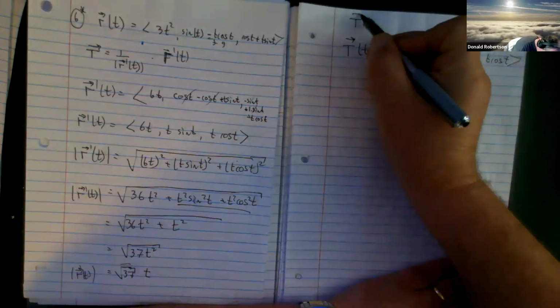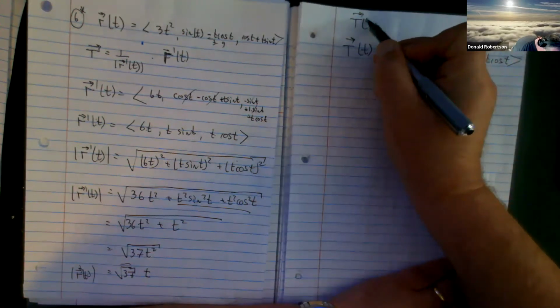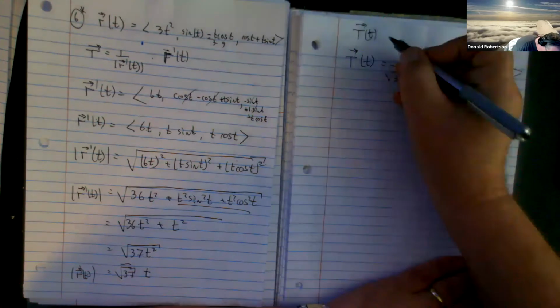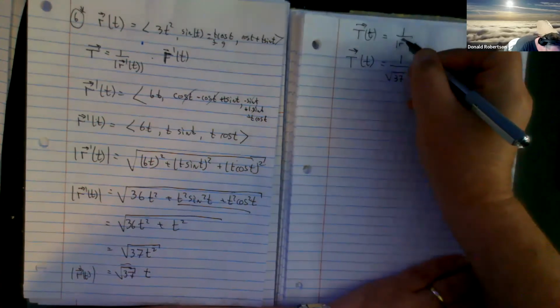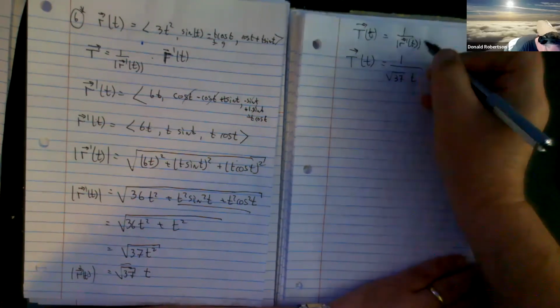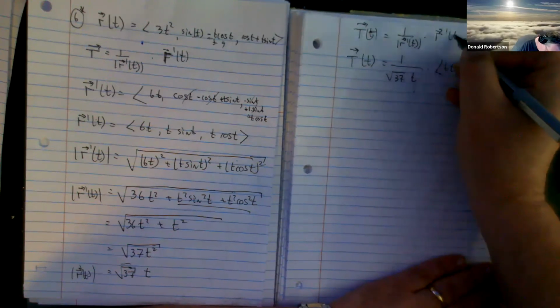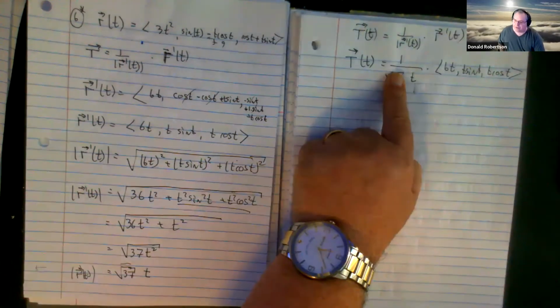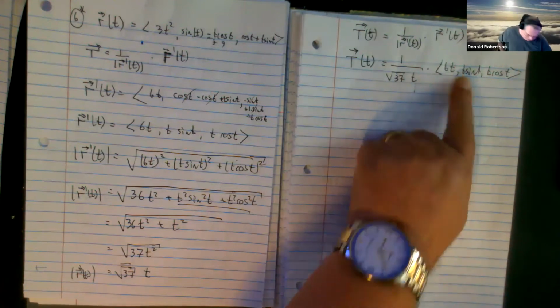So the unit tangent vector is 1 over the magnitude of the derivative times the derivative vector, right?